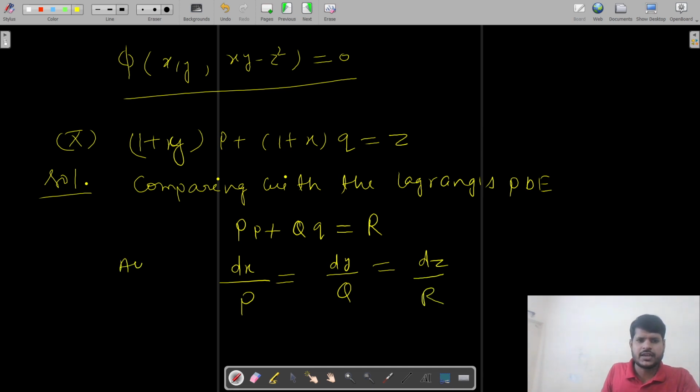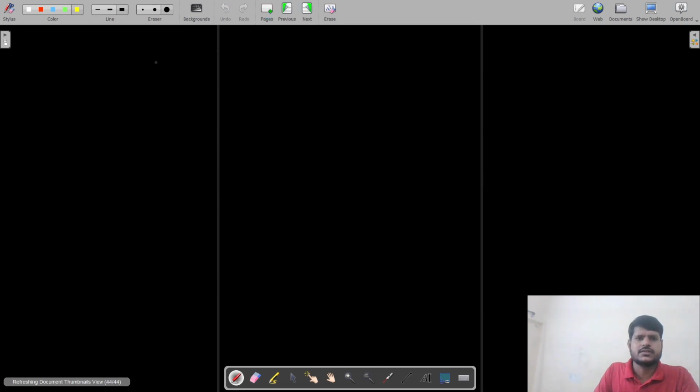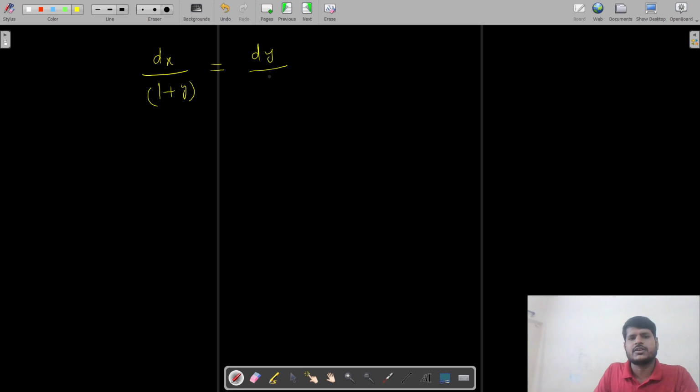This is the auxiliary equation. So I will use this auxiliary equation to solve the problem. Now we can write dx upon capital P, that is dx upon 1 upon y, equal to dy upon capital Q, that is 1 upon x, equal to dz upon R. Now go to the previous one.